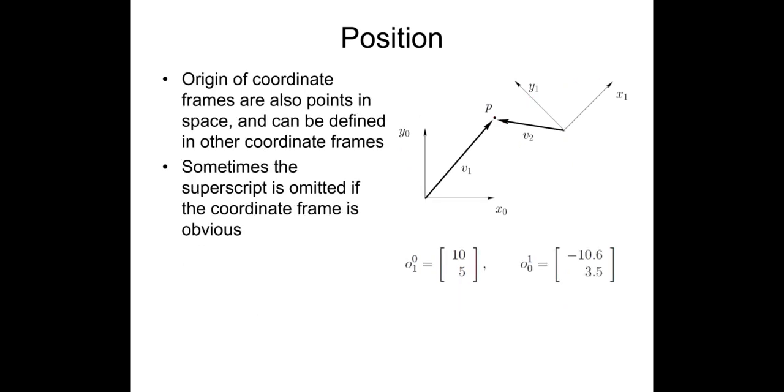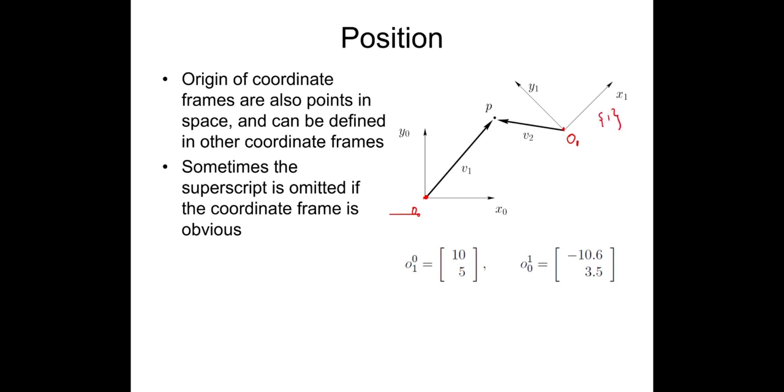Here comes the second question. So now we have the origin of the first frame, let's call it O0, and here we call it O1. That is the origin of the frame 1. Okay, frame 1.